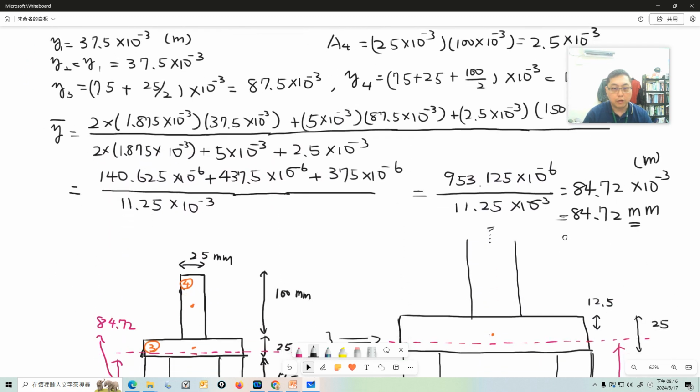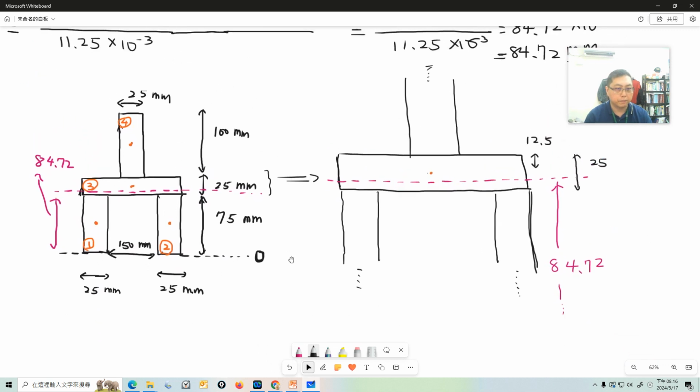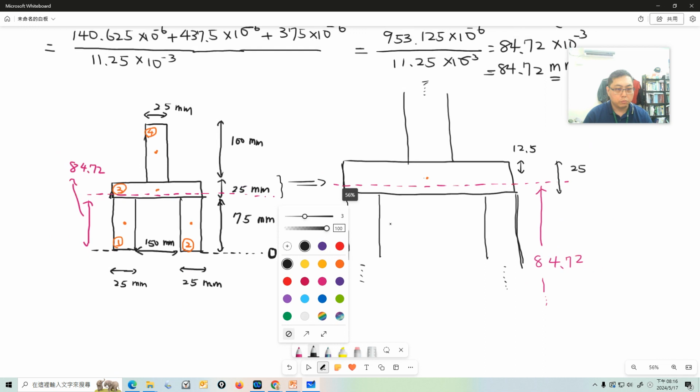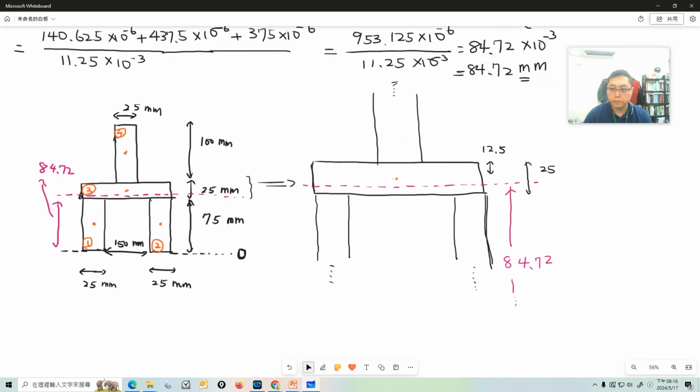Okay, let's find the moment of inertia. In this problem we divided the shape into four areas.